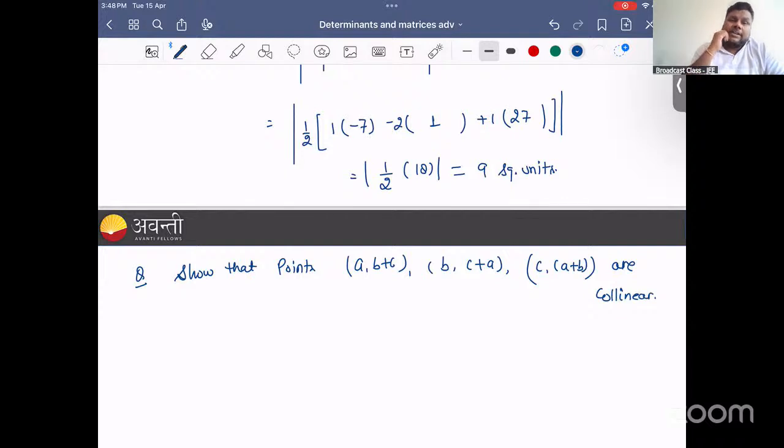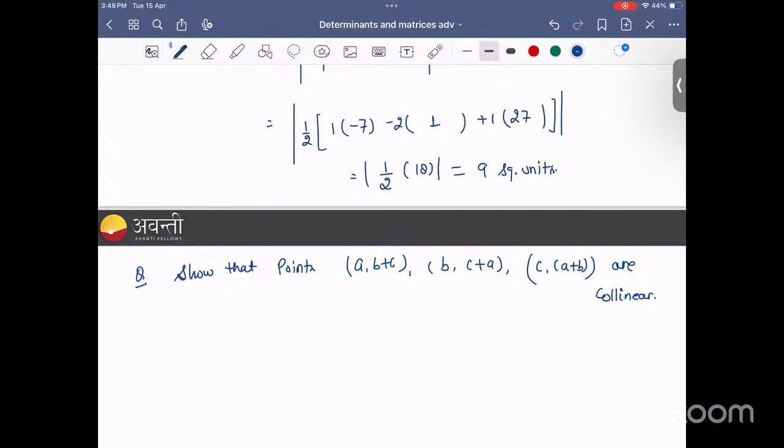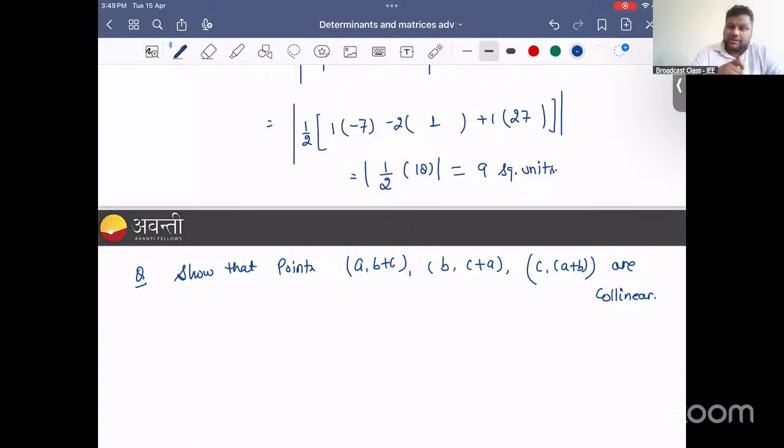So if these points are collinear, that means area of triangle formed by them should be 0. Now, how do we do it?